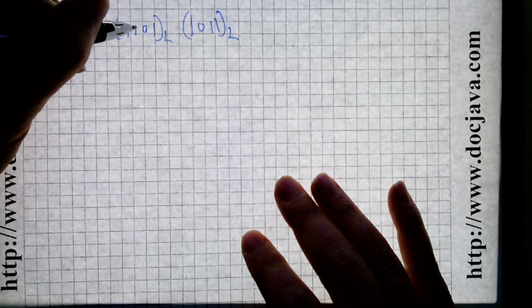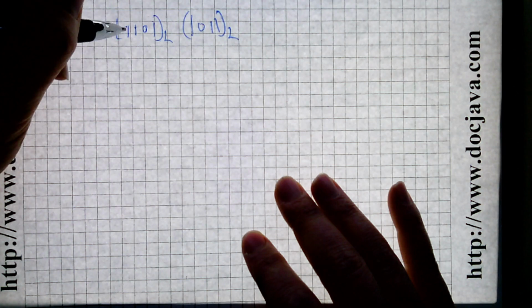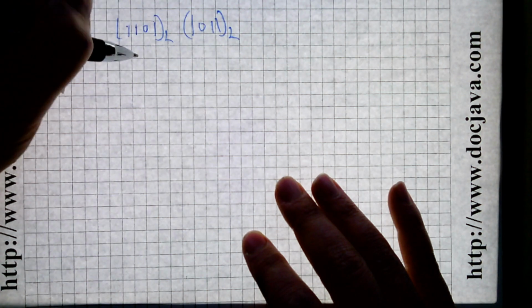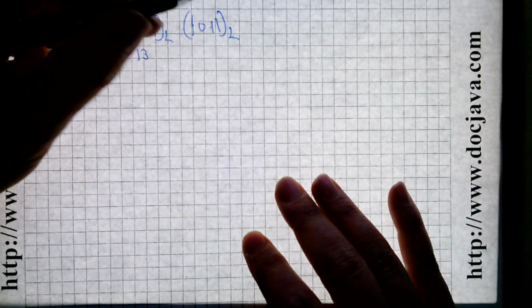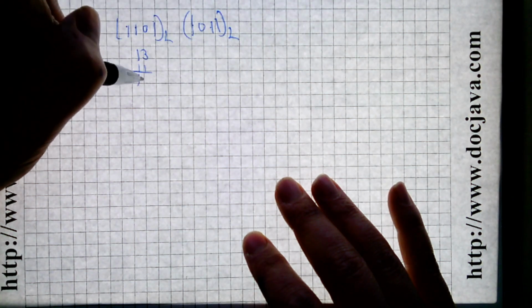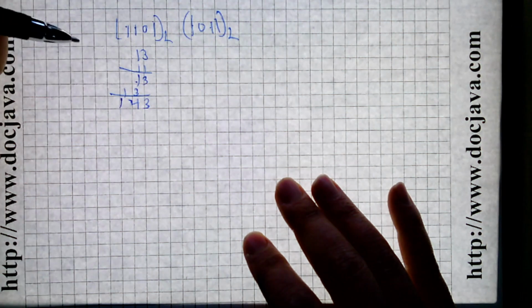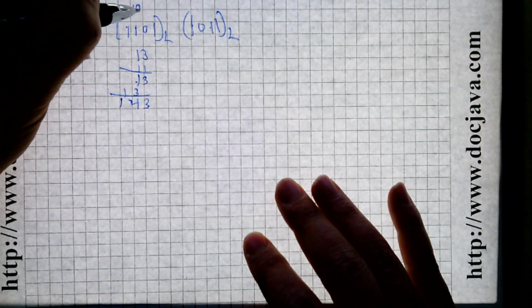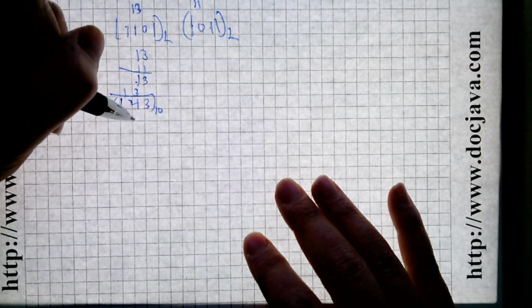So this number, that's 8, that's 4, and that's 1. 8 plus 4 is 12, plus 1 is 13. 8 plus 2 is 10, plus 1 is 11. And that gives me 143. So in other words, 13 times 11 is 143 base 10.